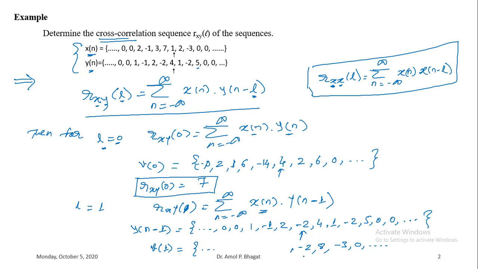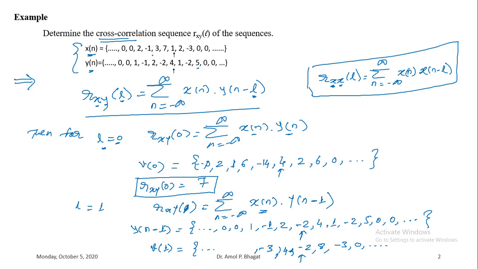Similarly, on the negative side, at minus 1 it is 2. So 2 multiplied by 7 will be 14, right? Next, minus 1 multiplied with 3, so it will be minus 3. Next value is 1 here.